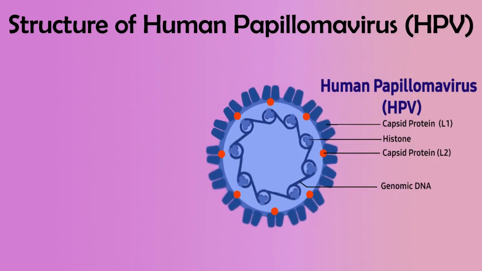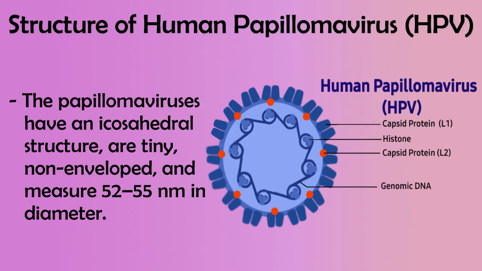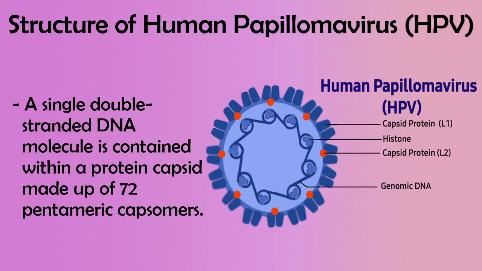As you can see with this diagram, the papillomaviruses have an icosahedral structure, are tiny, non-enveloped, and measure 52 to 55 nanometers in diameter. A single double-stranded DNA molecule is contained within a protein capsid made up of 72 pentameric capsomers.